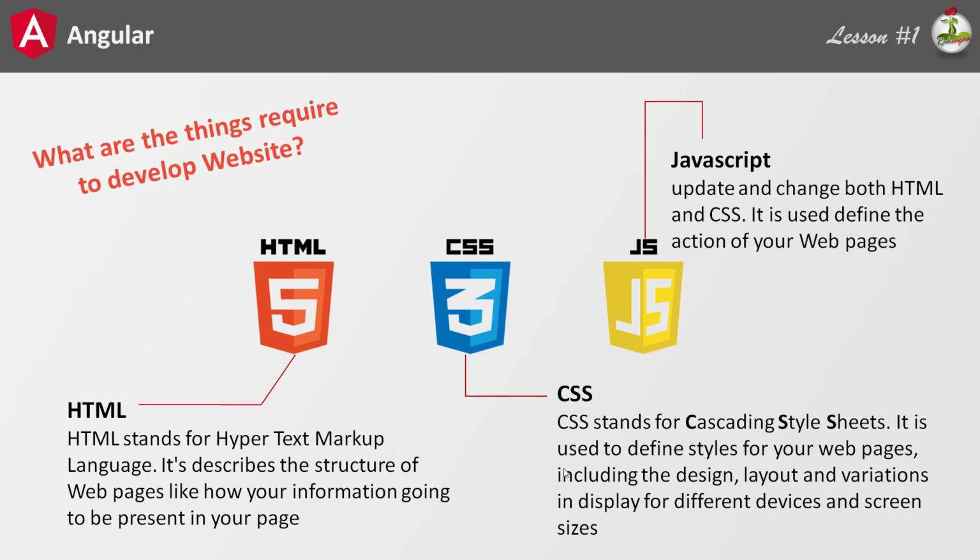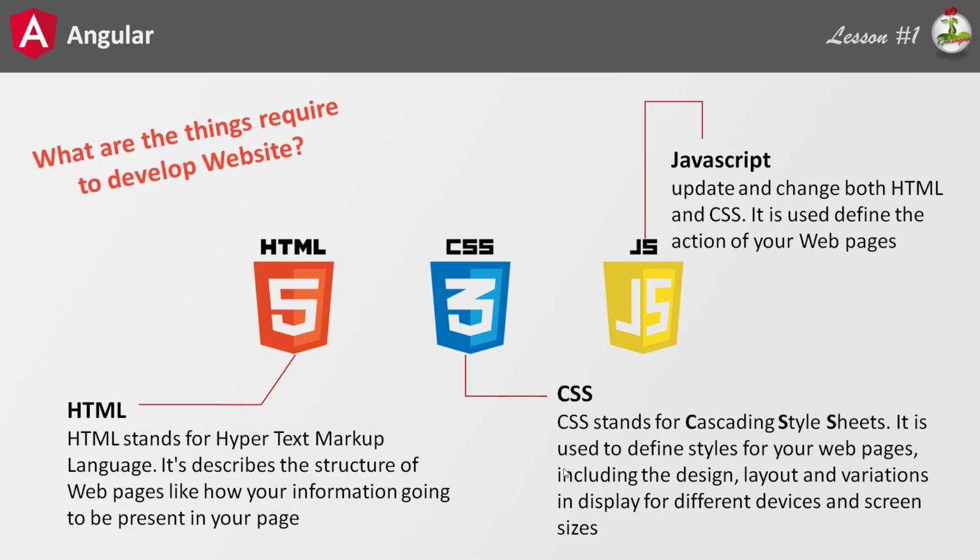So what is the purpose of CSS? It is used to design or define the style of your pages: how the font will be displayed, what color it should be, how it is presented, in which alignment, what kind of layout format you have to use, and what coloring effects you have to apply.